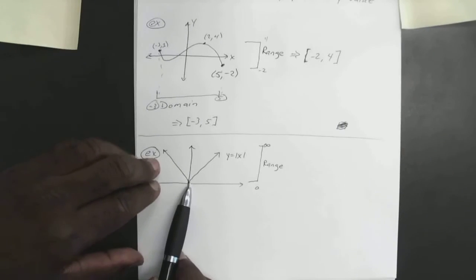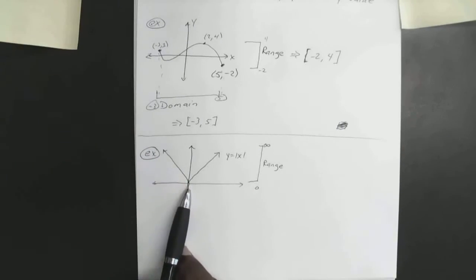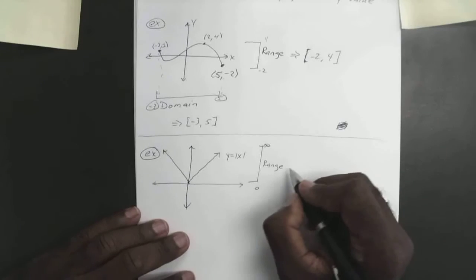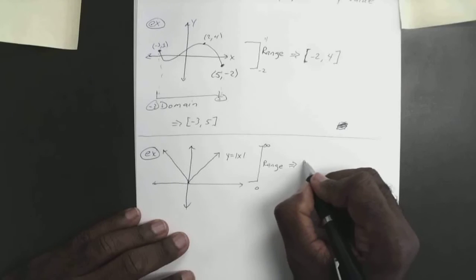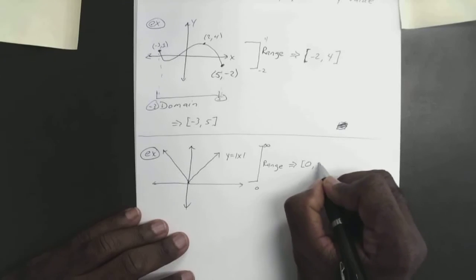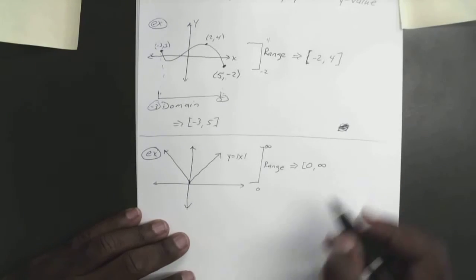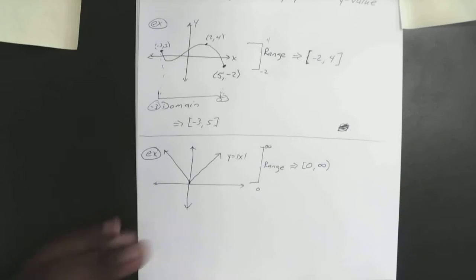So every possible y value is going to be in the range of 0 to infinity. And remember, infinity always has a parentheses because it's never included, because it has no actual value. It goes on forever and ever.